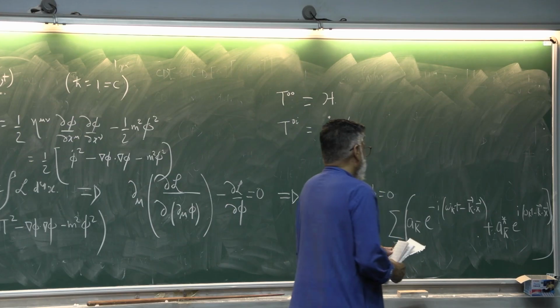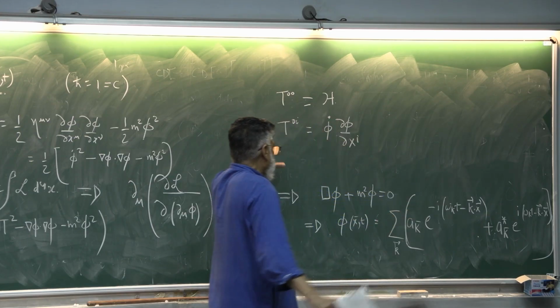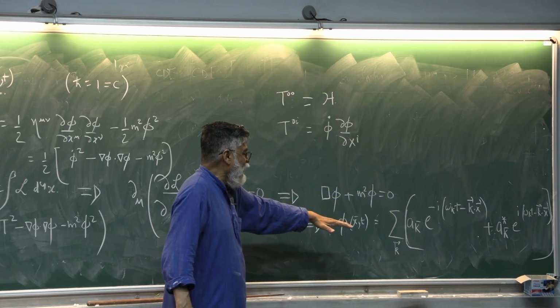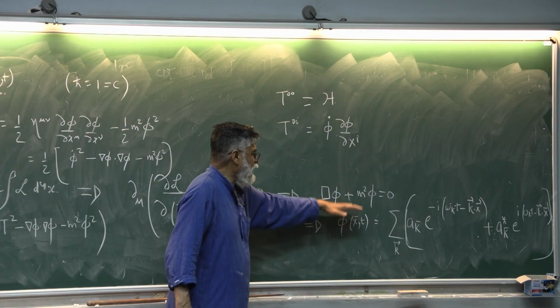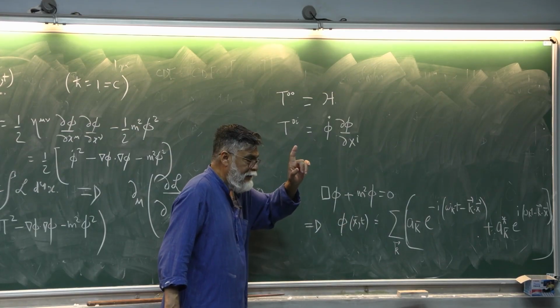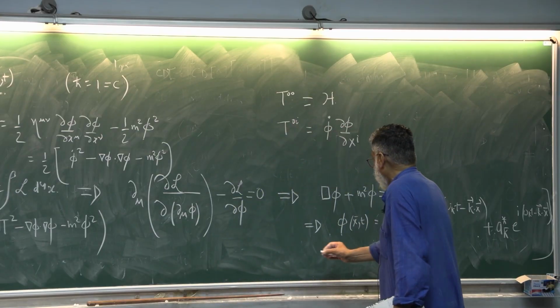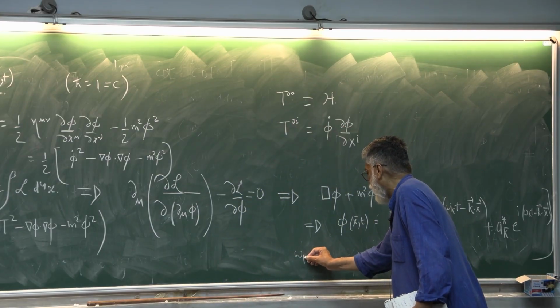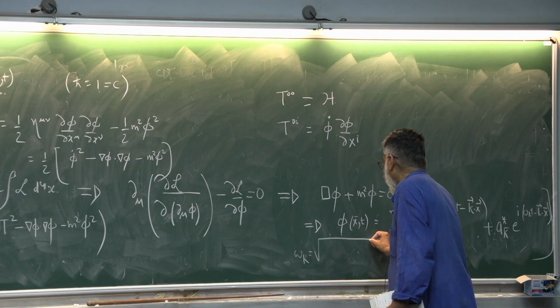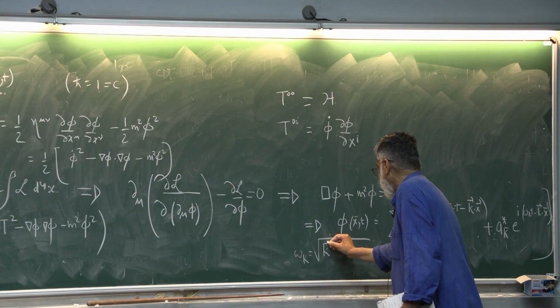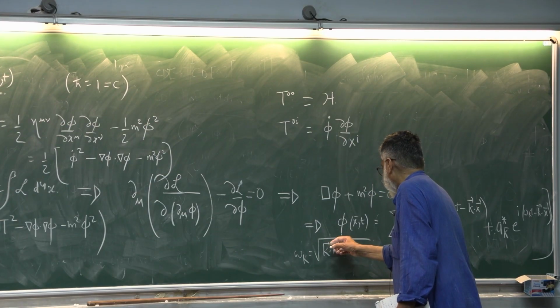So in flat space-time, this is the exact solution of the Klein-Gordon equation, provided omega_k is related to the k vector. So omega_k is simply the square root of k square plus m square.